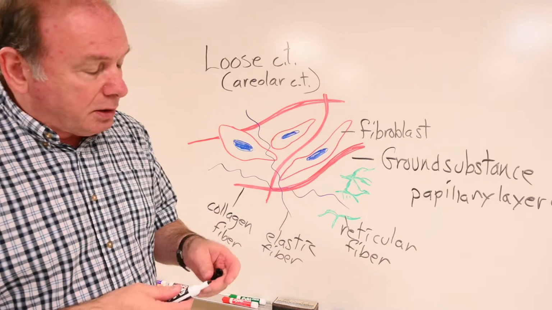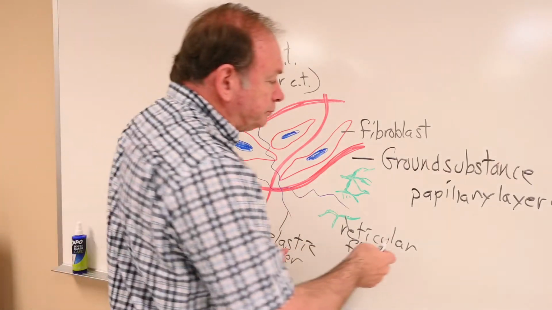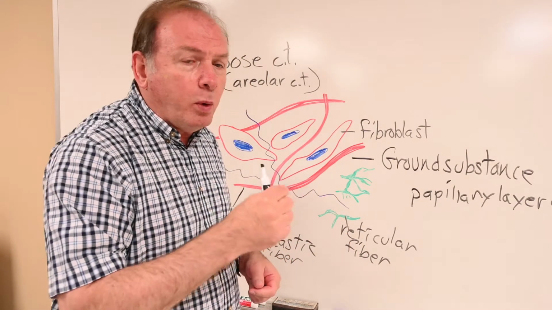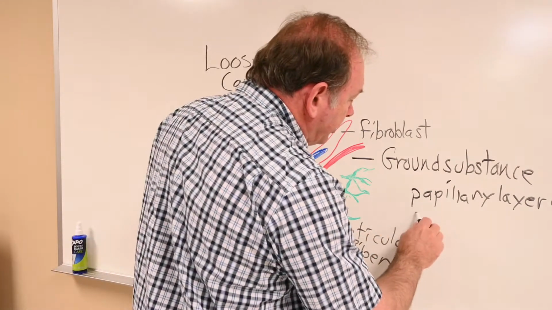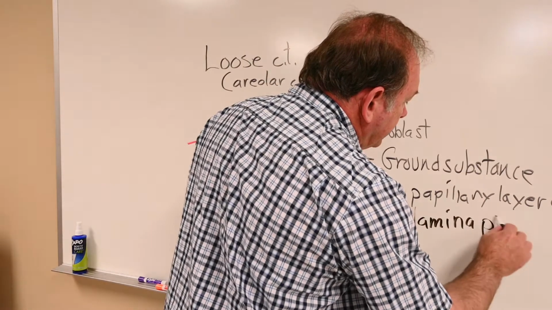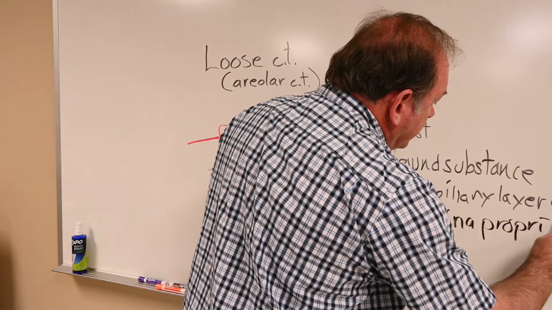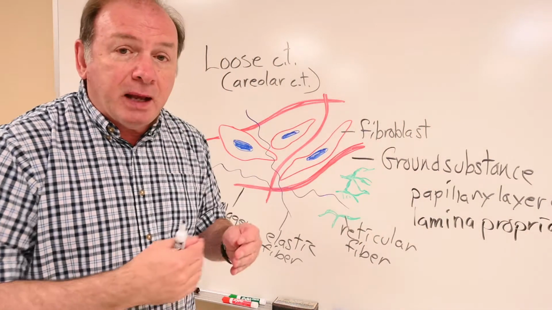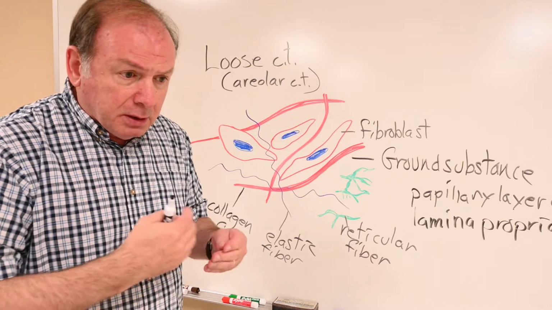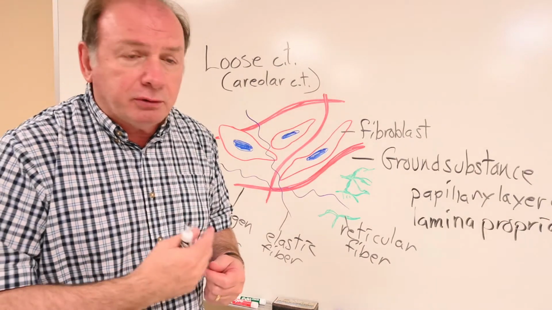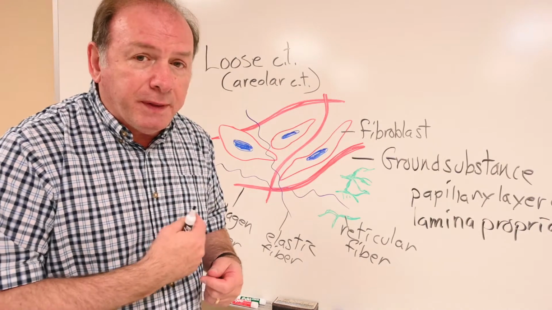You find it also in a layer of the gut wall we call the lamina propria. Again, it's immediately underneath the epithelium of your gut, and some of your other internal structures as well that have an epithelium.